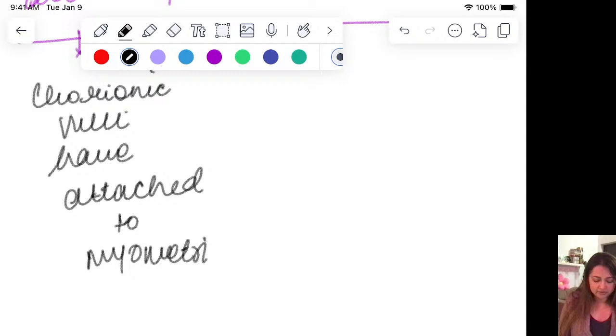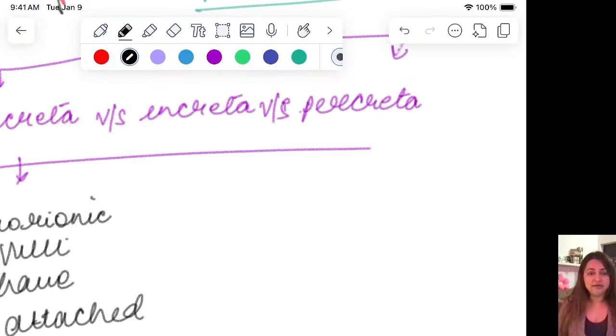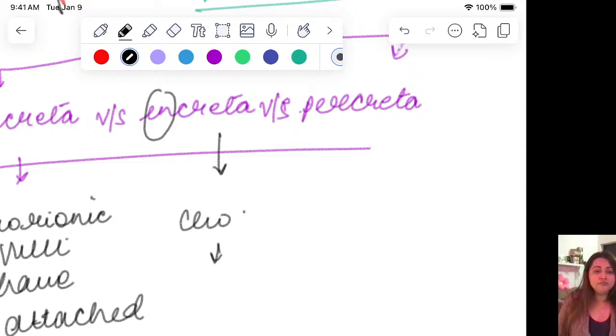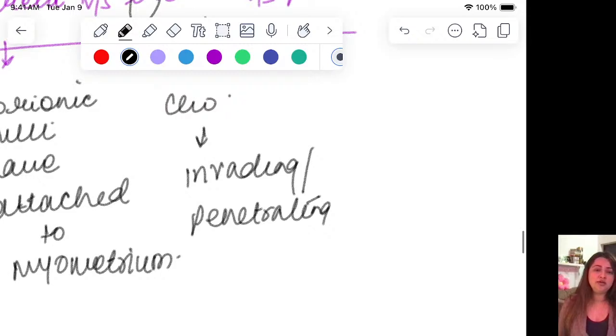They have not yet invaded it. Accreta. So how did I remember it? In means going inside. So increta is that the chorionic villi are invading or penetrating the myometrium. अब जो chorionic villi थे वो invade कर चुके हैं और penetrate कर चुके हैं into the myometrium.